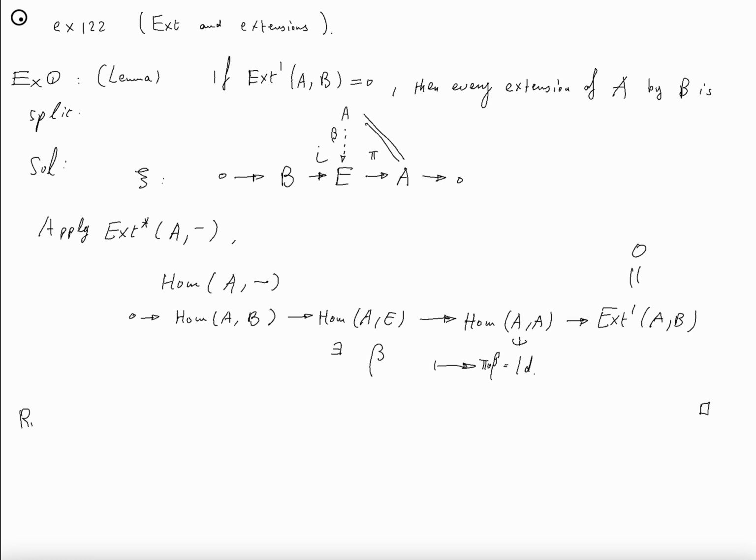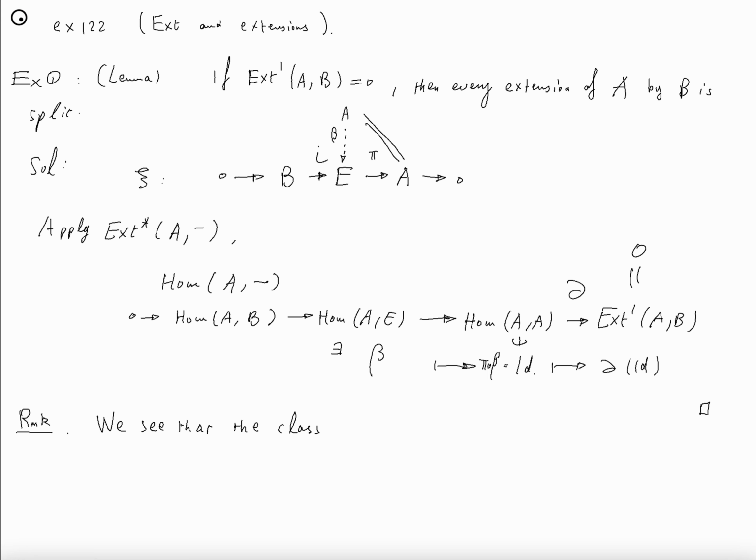Remark. We see that the class, let's call this partial map, maps the identity to partial identity.